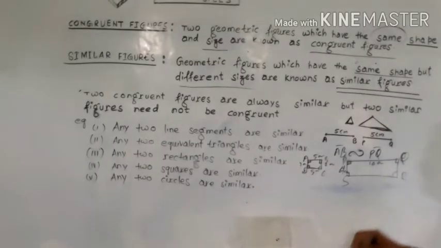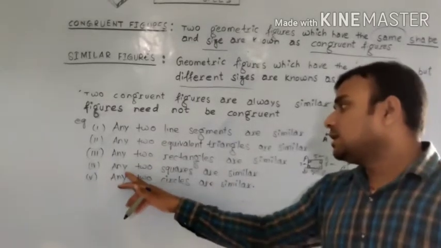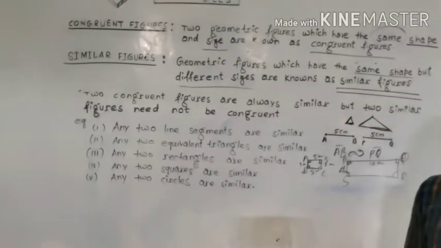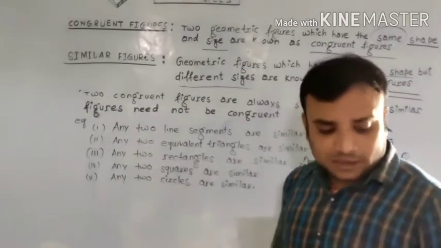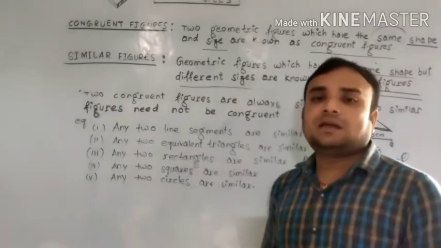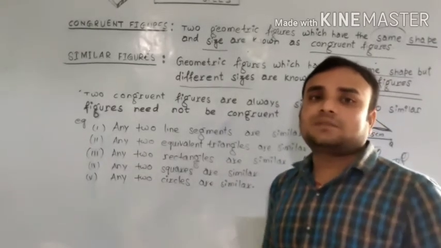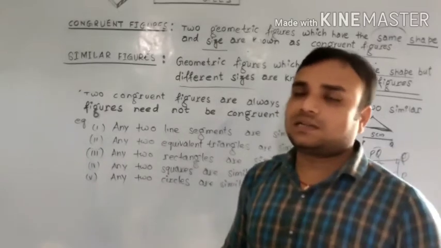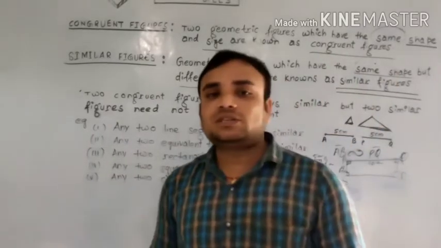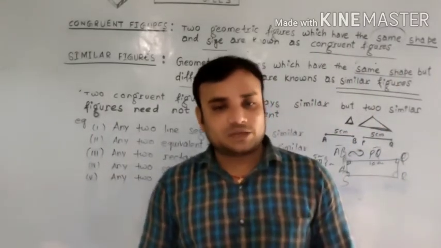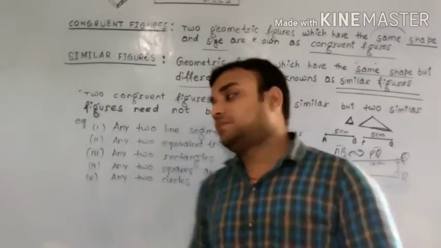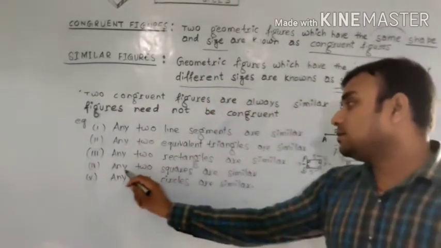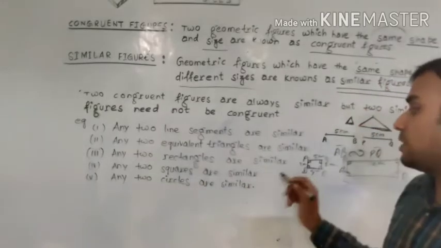Okay. And next, any two squares are similar. We know that a square is a geometrical figure having all sides equal and each angle of a square is 90 degrees. That means any two squares are similar.